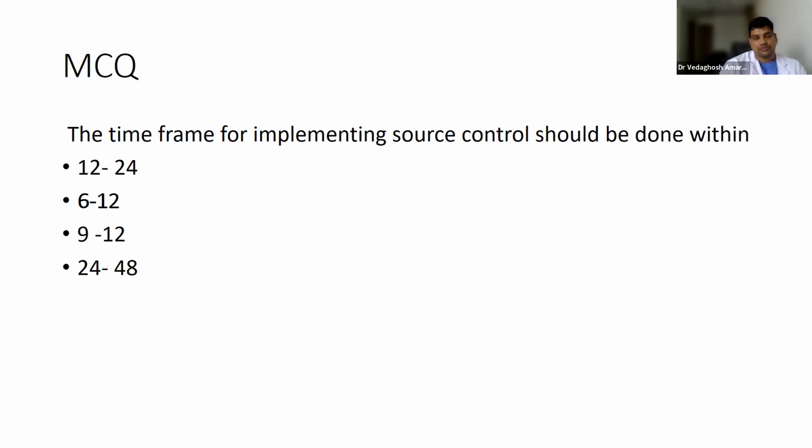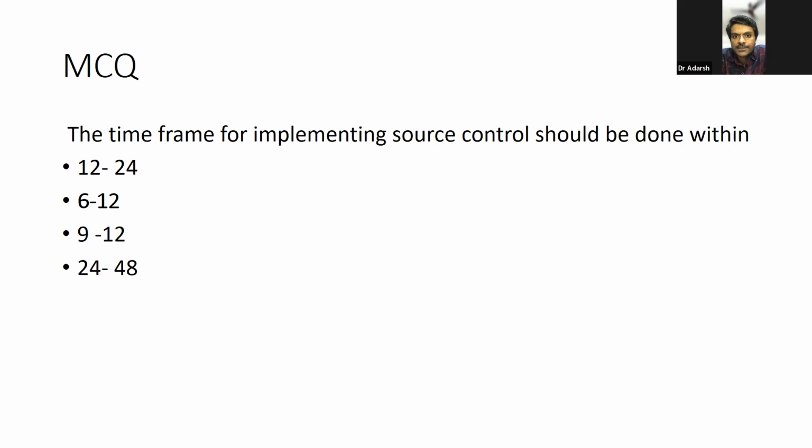Next question. This question is related to the current discussion. What is the time frame for implementing source control? Within what period of time should the source control be addressed? Is it within 12 to 24 hours, 6 to 12, 9 to 12, or 24 to 48?